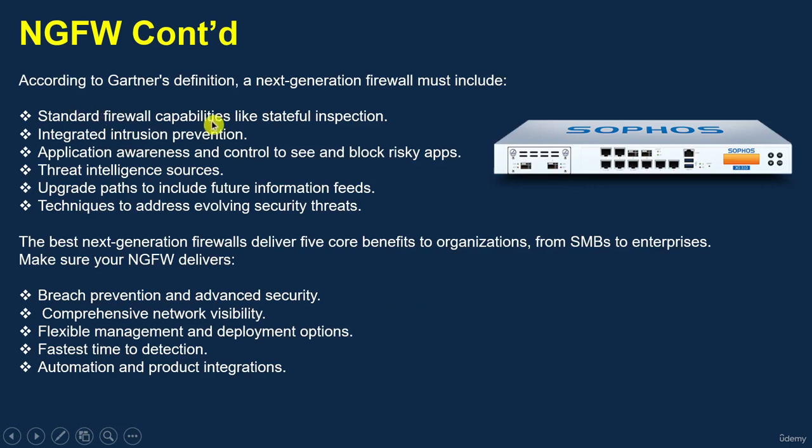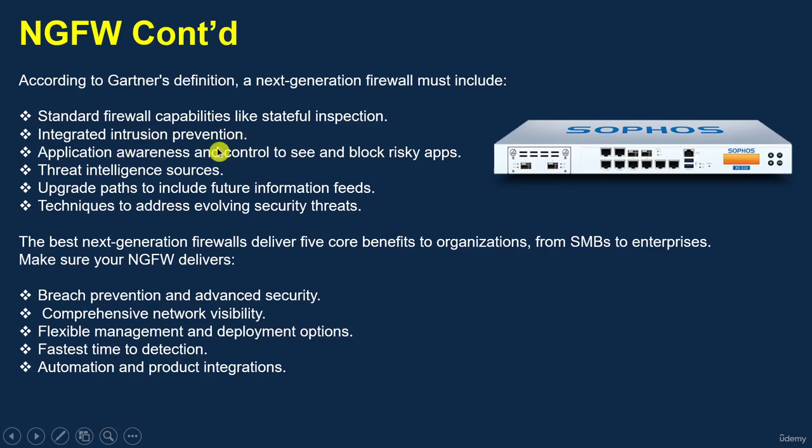Here, according to the Gartner definition, a next generation firewall must include these features. It will include standard firewall capabilities like stateful inspection, and it must also have an integrated IPS. Integrated IPS means there are vulnerabilities available in your application.